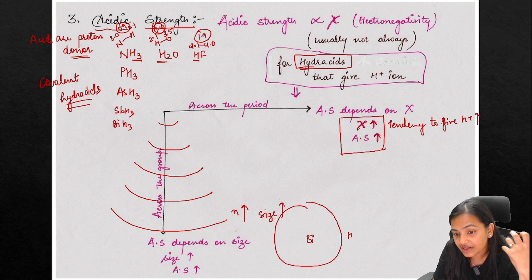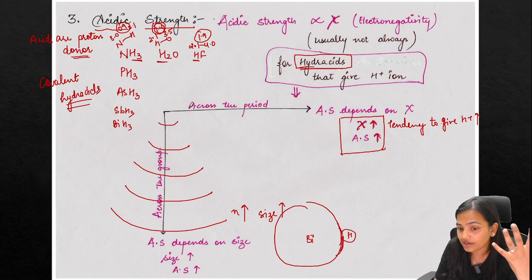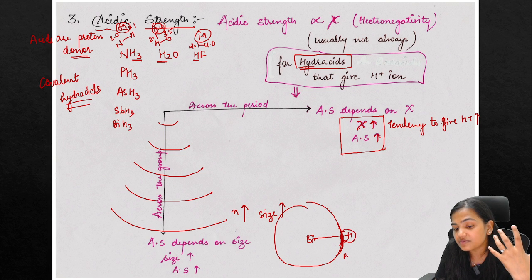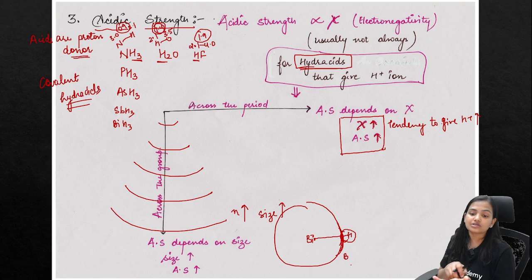and hydrogen is very small, so they will have a very poor overlap. The orbital overlap will be very poor. The distance between the nucleus of bismuth and hydrogen will be very large, so this bond becomes weak, because of course Pauling has also given the electronegativity values on the basis of bond energy.